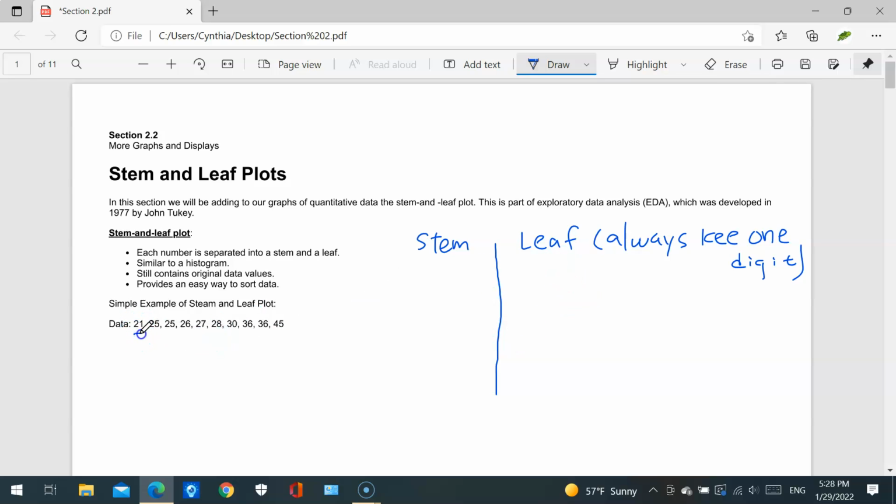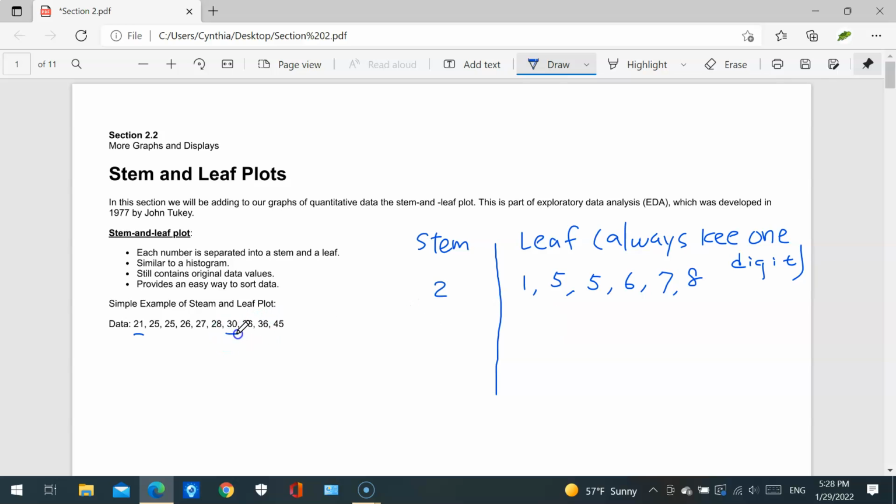The data begins with 21, so I start with 2, and this is 21. The next data is 25, so 2 is here already, and I just write down the 5. The third data is 25, then 26, 27, 28.